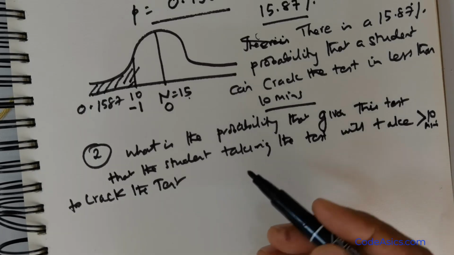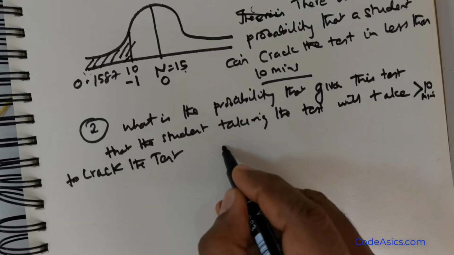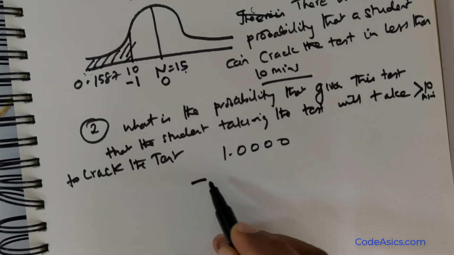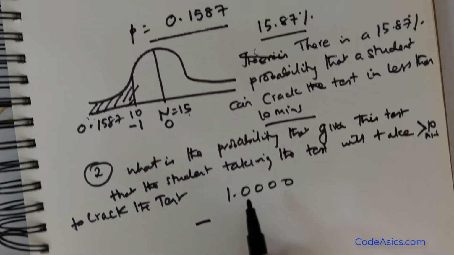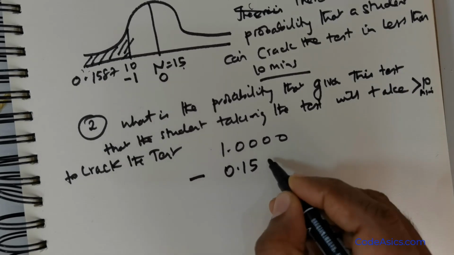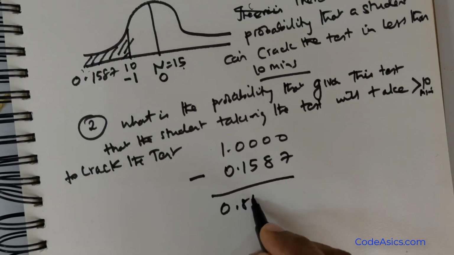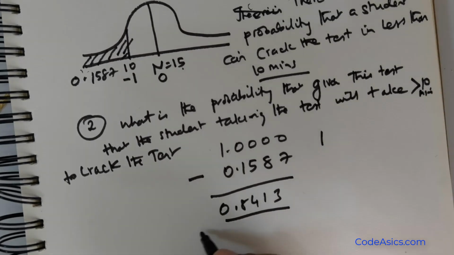So for that, you have to understand the total probability is 1. From 1, you subtract this value, and that would give you the other complement, right? We are looking for the complement of 0.1587. So you just take it out, you would get 0.8413. And what is this in percentage? This is the probability value.